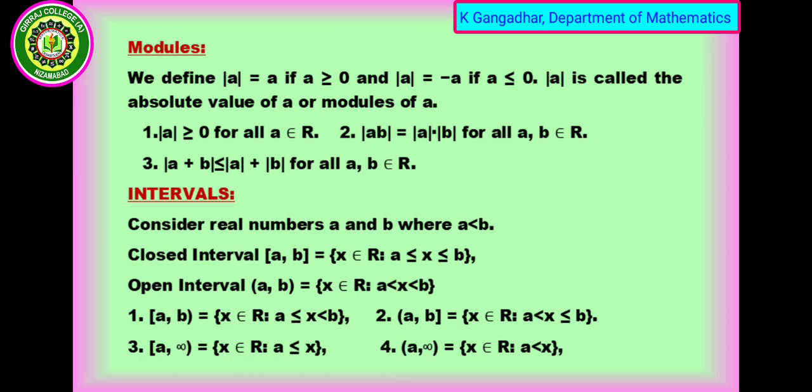Now what is the difference between the open interval and the closed interval? In the open interval, the x value lies strictly between a and b only. In the closed interval, the x value lies between a and b and can also be equal to a or b.